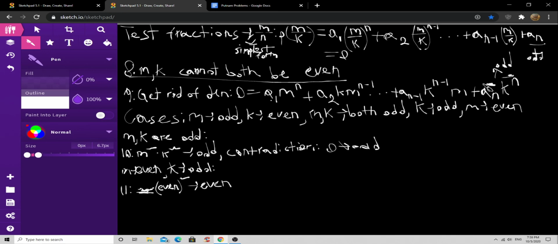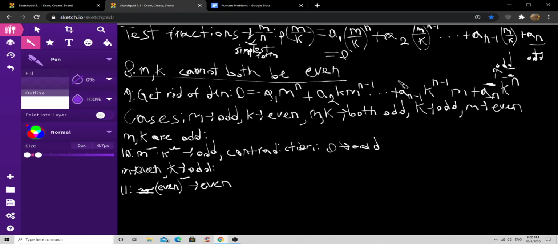So let's check it out. Even if we have no m here, adding even to an odd number, this is still odd here actually. And this would be our only section. So this is all odd.